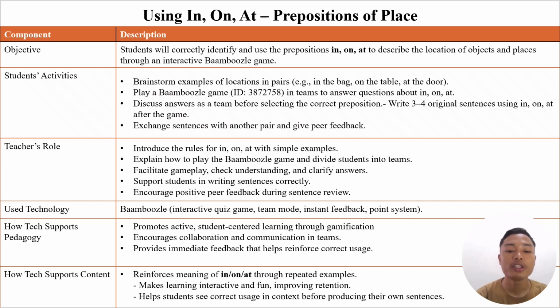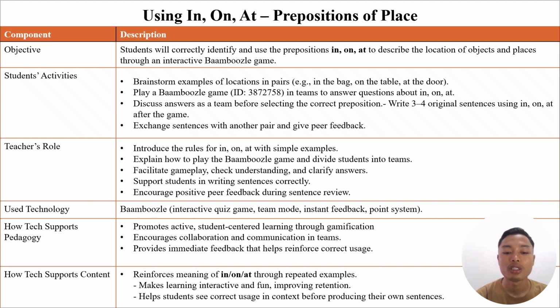Okay, point two is playing a Bumble Zoo game. Okay, the students engage in a team-based Bumble Zoo quiz. The game provides different questions that require students to choose the correct prepositions. Okay, this activity keeps them motivated and improves their understanding through fun, competition, and repetition.